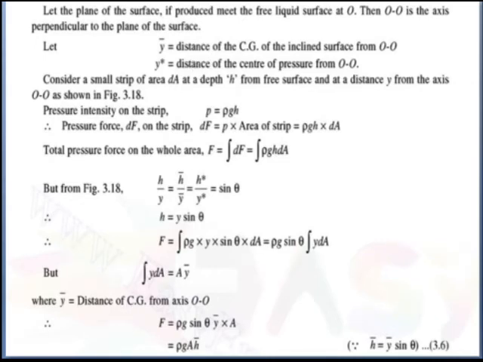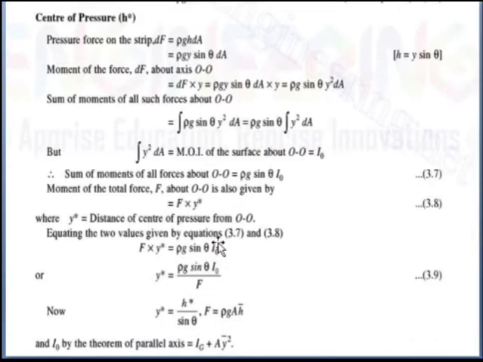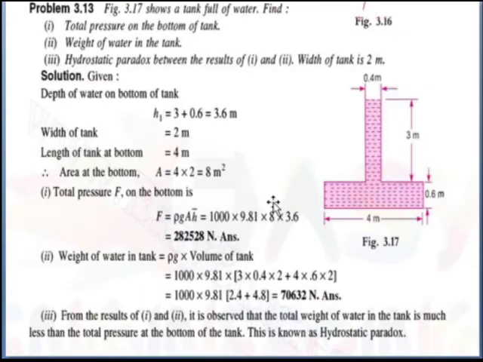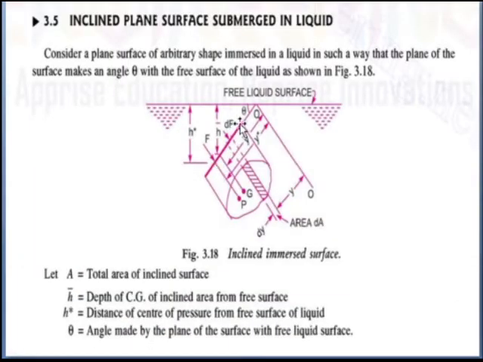The OO axis is the axis which is perpendicular to the plane of the surface. In the figure you can see this plane meeting the free surface at an angle theta, and O is the axis which is perpendicular to the free surface of the liquid.